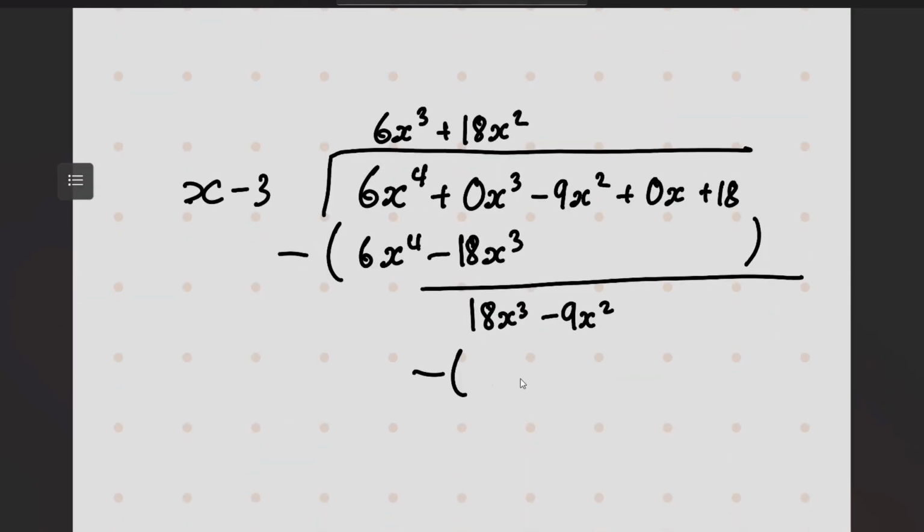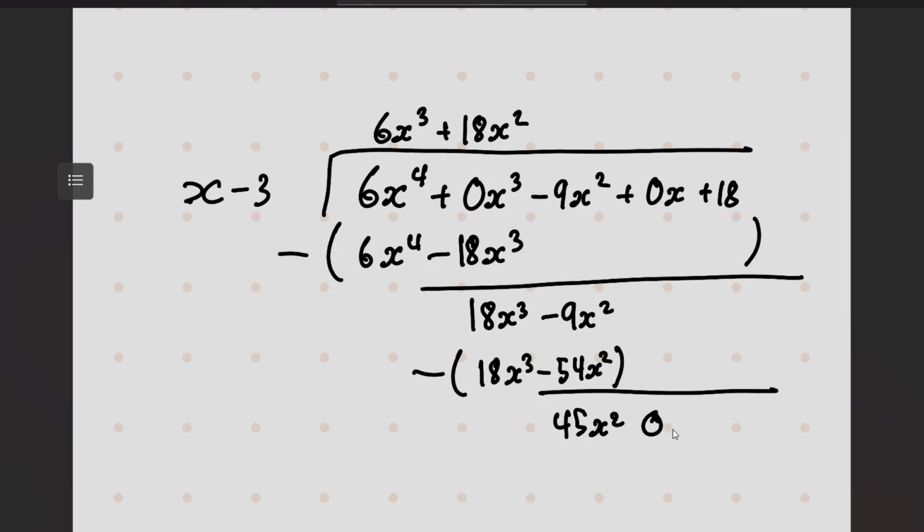which is just 18x cubed and negative 54x squared. You're going to get minus 9 plus 54, which is 45x squared.